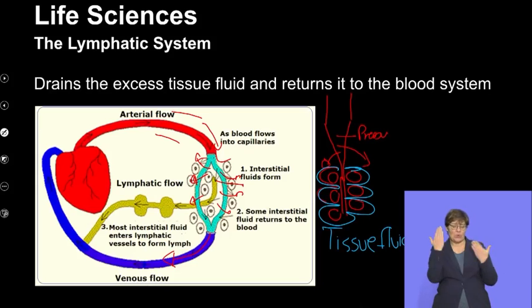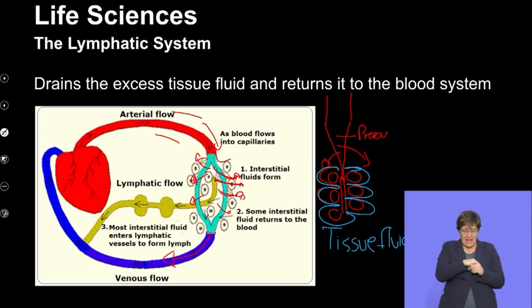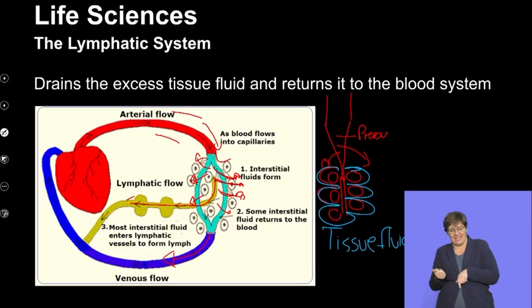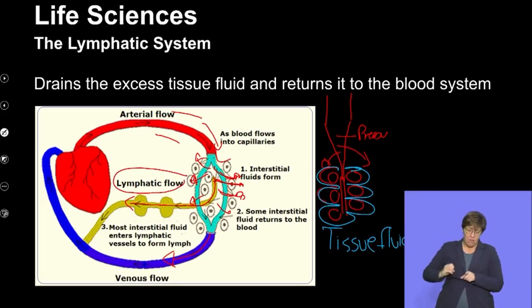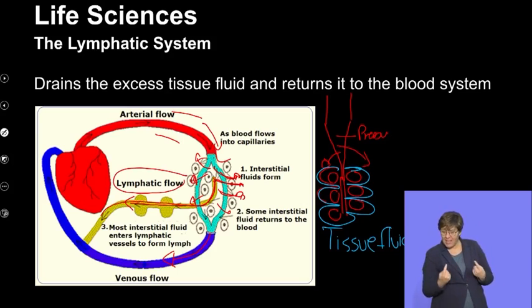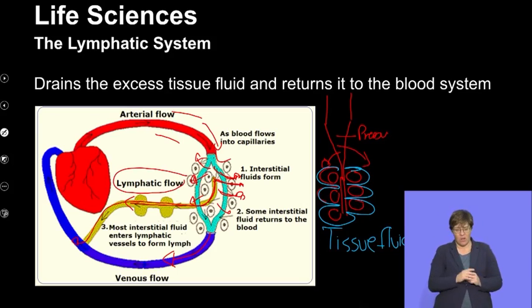When we push this water into the tissue fluid, we need a system that takes that excess fluid and drains the tissues, because remember, the blood is constantly flowing. It doesn't stop. So this lymphatic system, the lymph, is going to transport this excess fluid and return it to the blood, and the volume is going to stay the same.